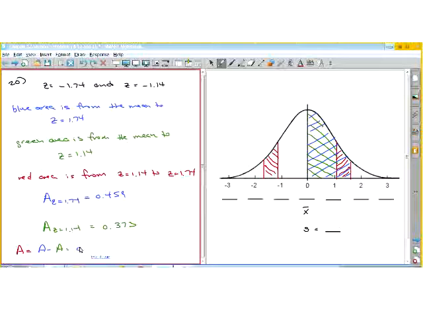So the blue area was 0.459. The green area was, let's subtract 0.373. And you just do the math in your calculator. 0.459 minus 0.373, and I get that the red area is 0.086.